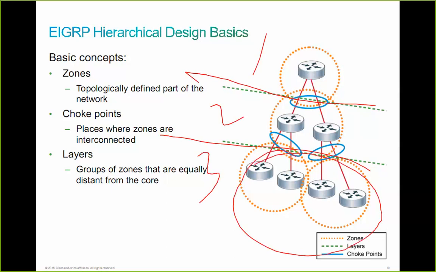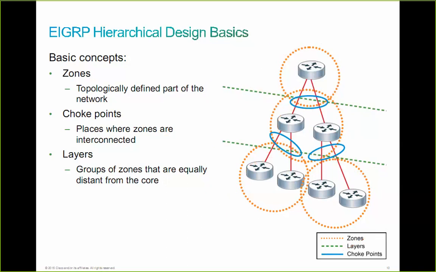Maybe these are my branch offices, this is my WAN, this is my core, whatever it might be. There's no specific definition of what these layers represent, but you get the idea. The idea is that we're trying to decrease the impact of topology changes across the entire enterprise by introducing points in the network where we can apply aggregation, summarization, policies, aggregate policies, whatever it might be.